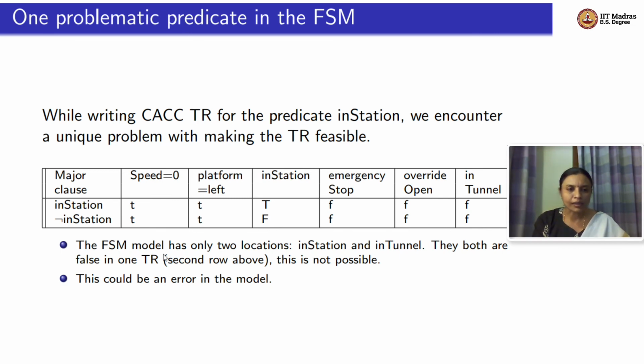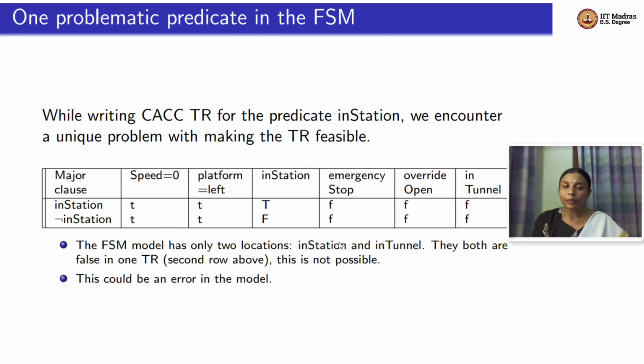If you see this last second row here and look at the column for in station, it is false. Look at the second row here, the column for in tunnel, that's false. So where is the train? Clearly this is not possible.